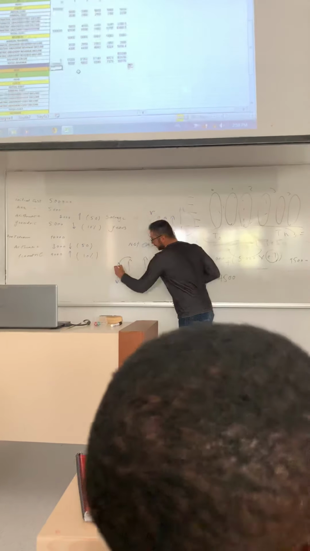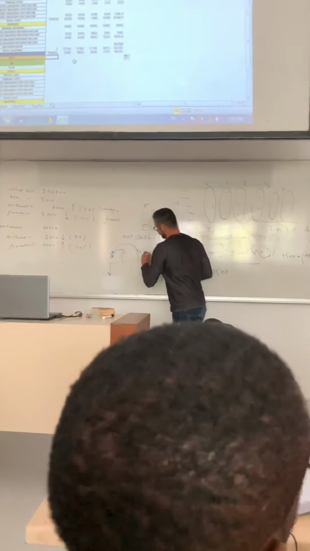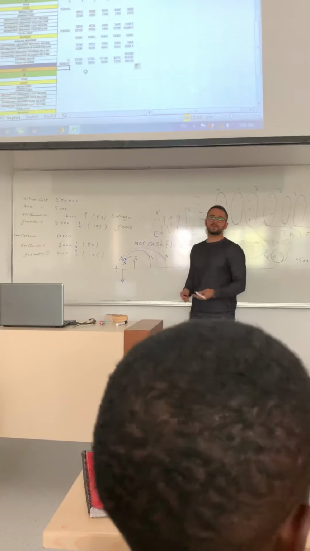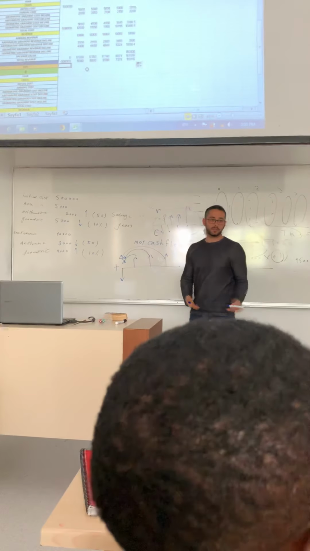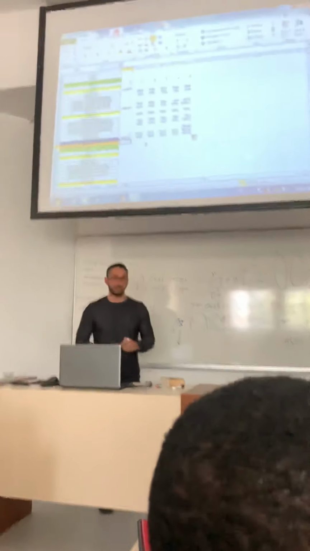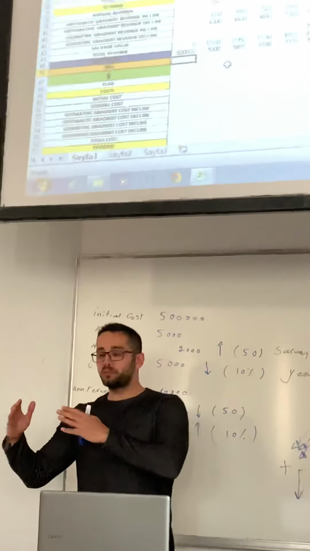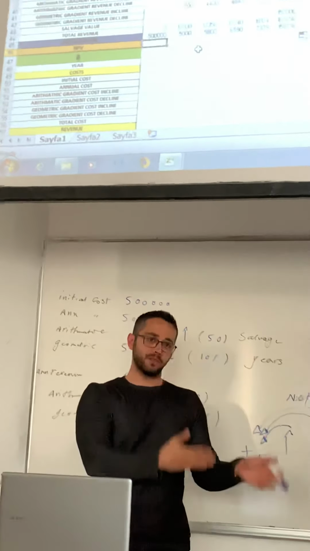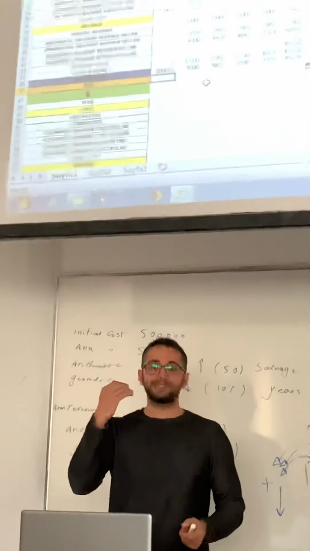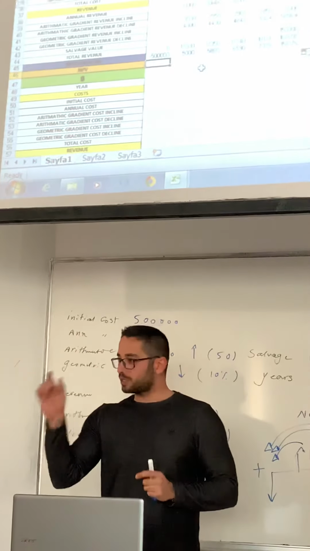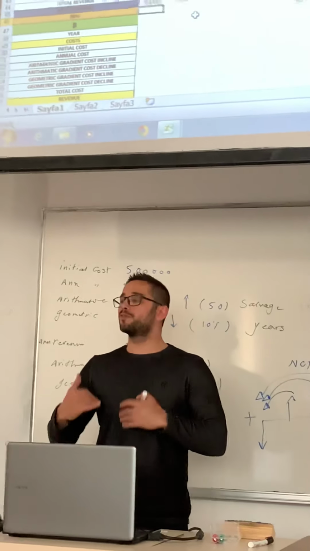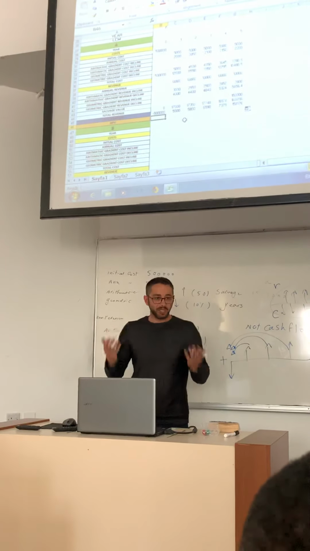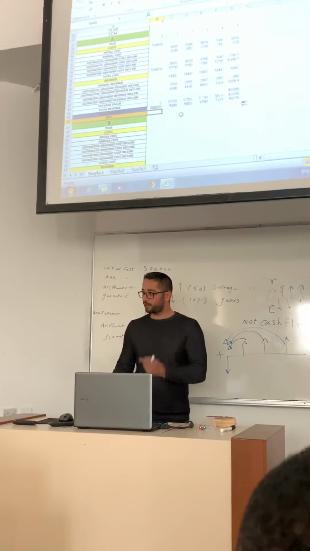We start bringing them all back to year 0, add them together to see if it was a profitable case or not. NPV is the same thing. It brings back all the value from the years using the discount rate to year 0, adds them together, and tells you if I am a positive value, it means the case is profitable. If I am a negative value, it means the case wasn't good enough to perform, okay?